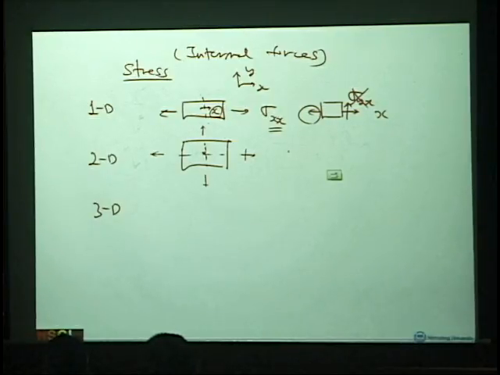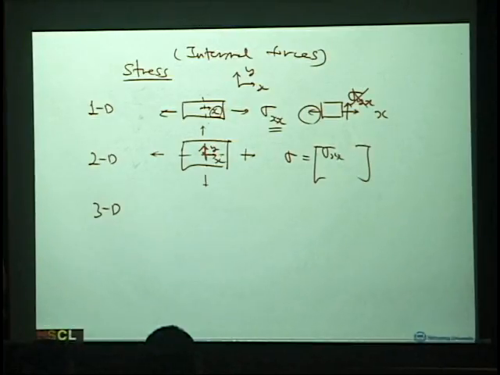Let's say this is the x and this is the y. If we cut x, we have sigma xx and sigma yx. If we cut here, we have this force and that force, sigma xy and sigma yy, just like we have defined.